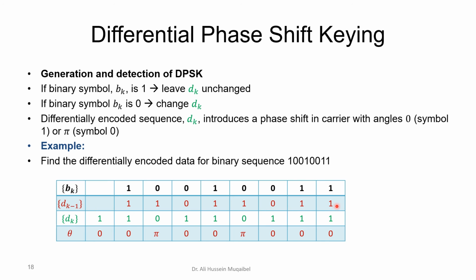So this line is basically just a delayed version. Every one of these here will show up in the next bit here. So these are just a pure shift. This is needed if we want to compare and find the difference. So now you can see here that the data is changed. So when we transmit now for 1, we're getting zeros.